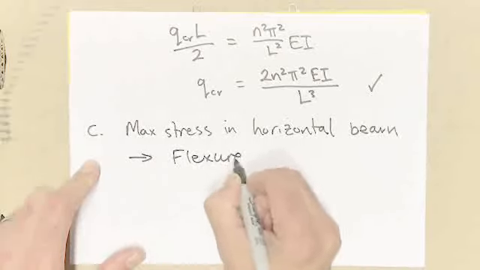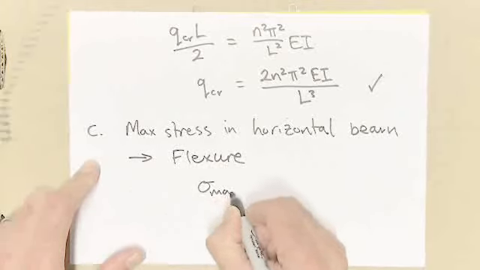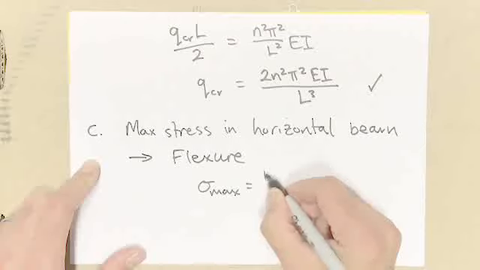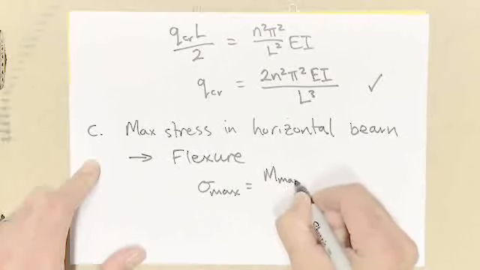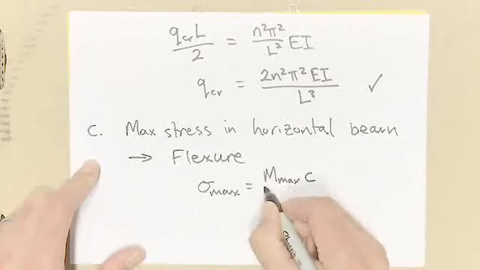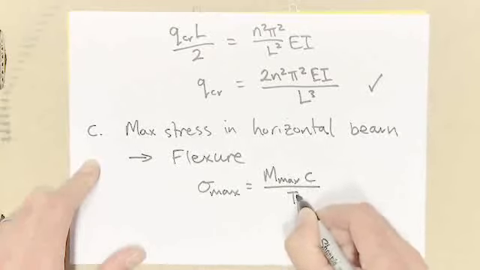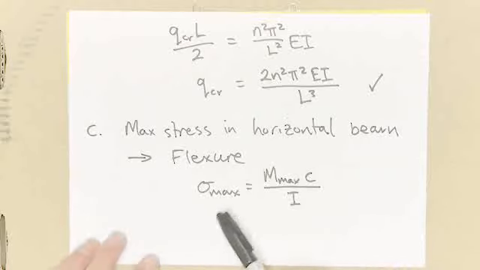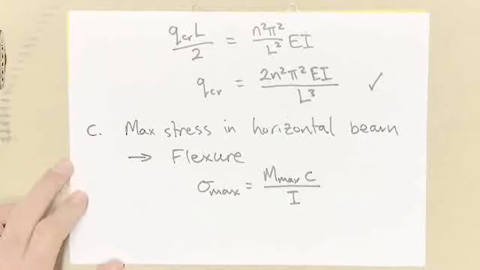By flexure we mean sigma max is equal to the maximum bending moment that we can find in that beam times the maximum distance to the neutral axis, C, divided by I. Okay, so this is what the question is asking you to find, and that is the first difficult part of that question, I suppose. You have to be able to interpret it that way.